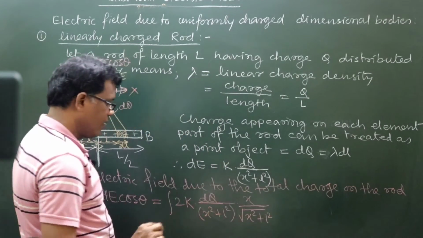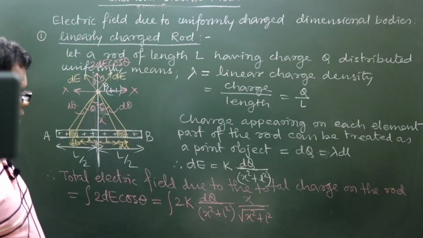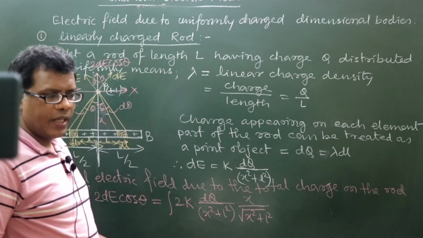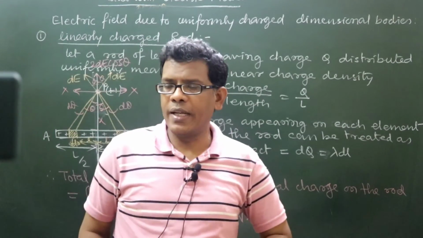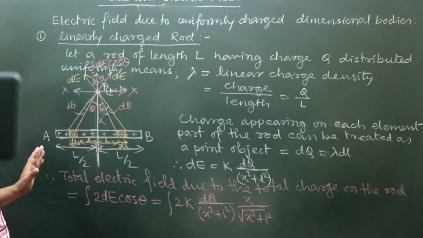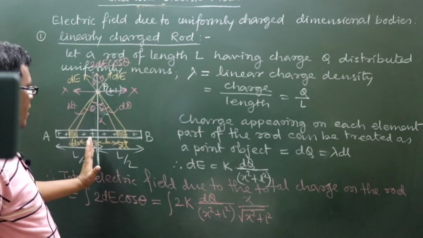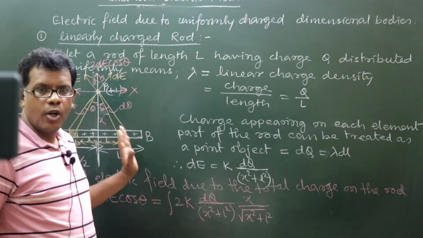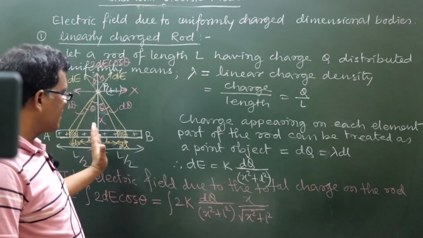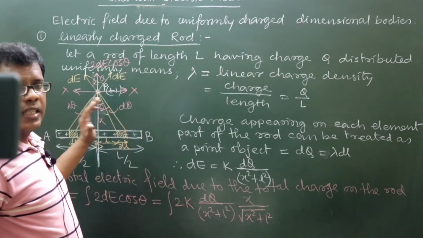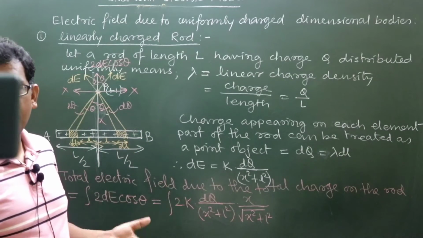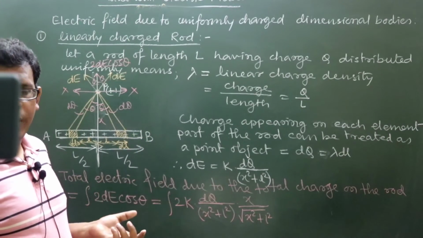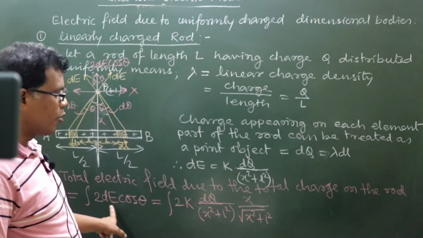In each step I am taking two such elements, so we integrate for l from 0 to capital L by 2, that means for all elements on one side of the symmetry line; the other side's elements are correspondingly taken together.